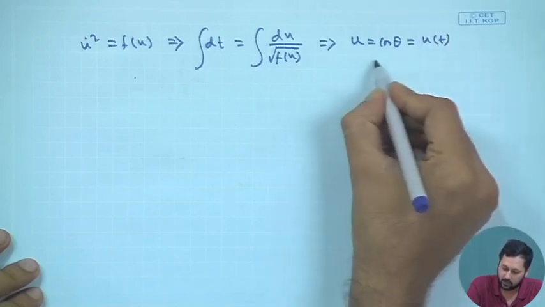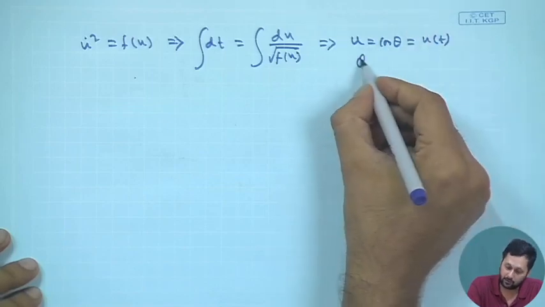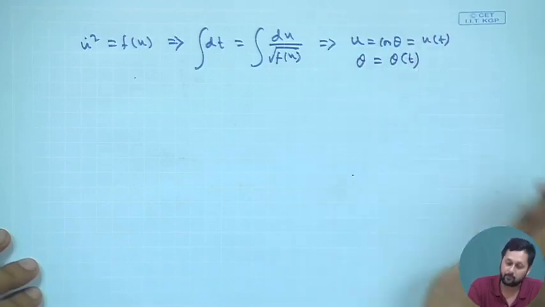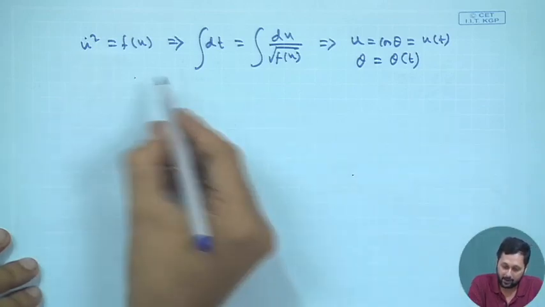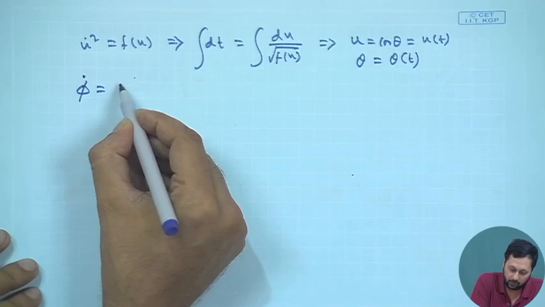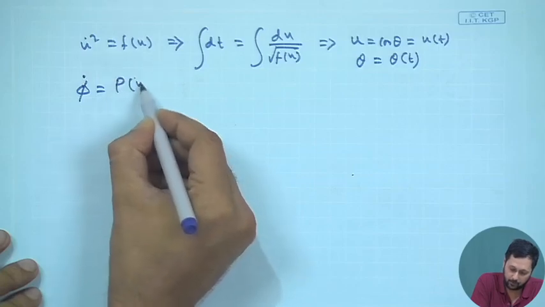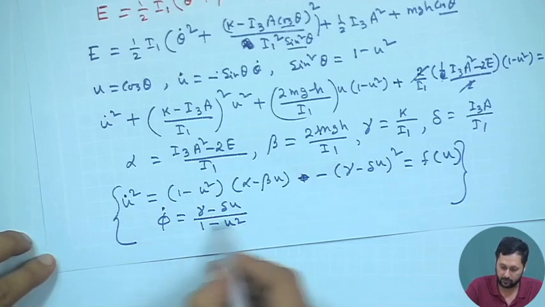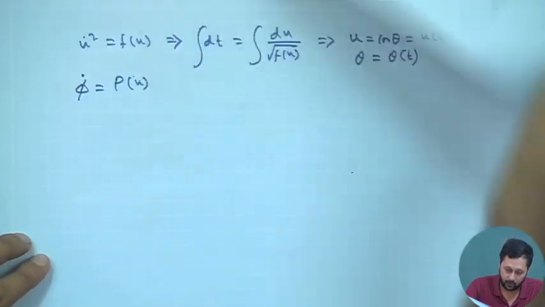So, that means essentially by solving this you get theta as a function of time. Now, plug it back into the second equation, which is phi dot equal to another function of u, which is actually this, okay, which is some function of u, right.